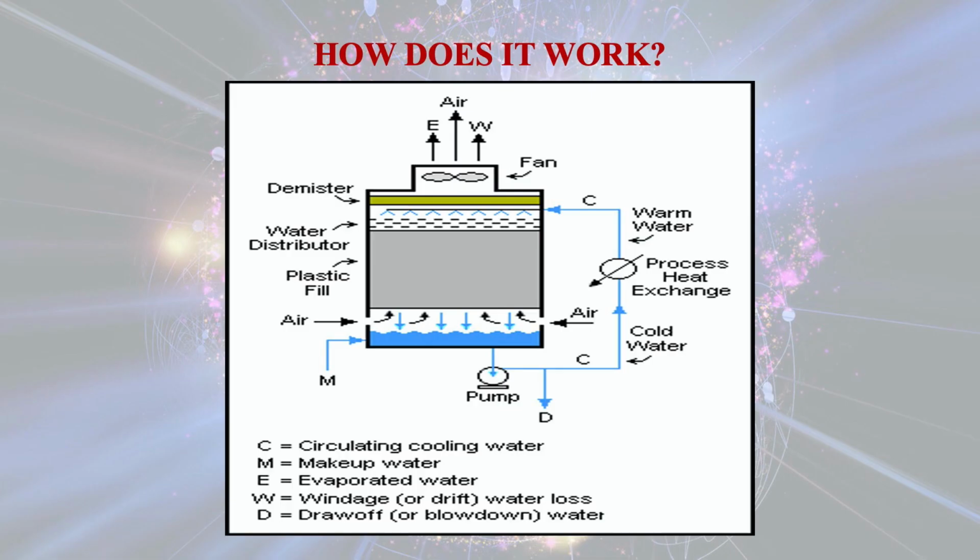This is another diagram of the cooling tower, and you see that air is entering from the sideways at the bottom of the cooling tower because there is a fan on the top that sucks the air from the bottom, and the air will travel onto the top, but while traveling they will pass through the portion which is filled with packing material.